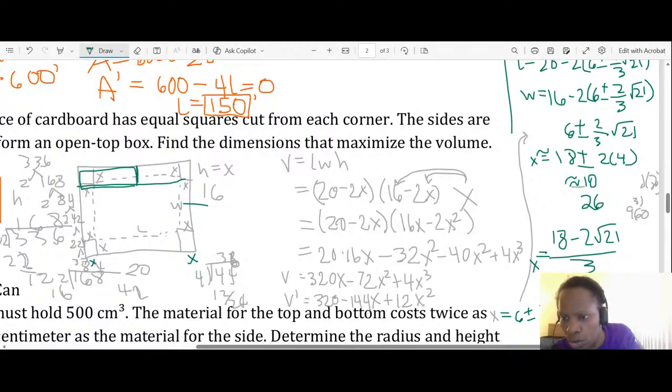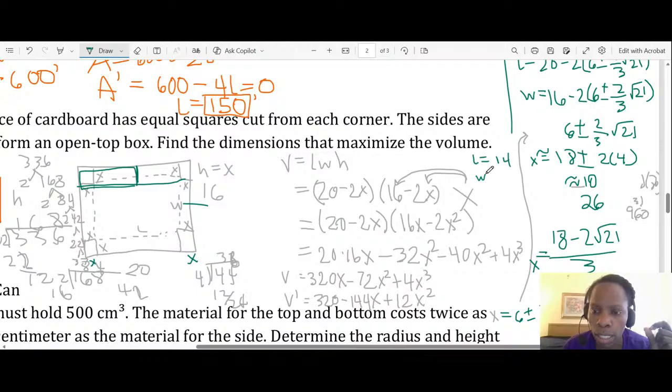Okay, so if we did that, we estimate it to be about 3 point something. Then we would say that the length, 20 minus 6, is about 14.